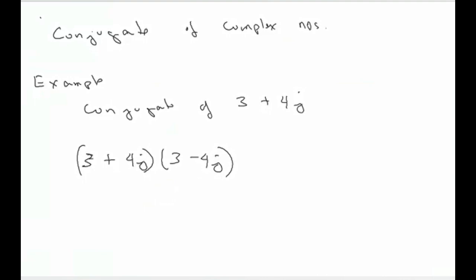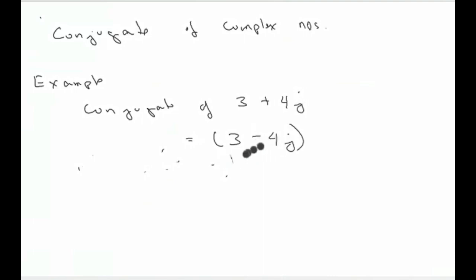So the conjugate of 3 plus 4j is the same complex number but with an opposite sign, 3 minus 4j. Or let's have another example.